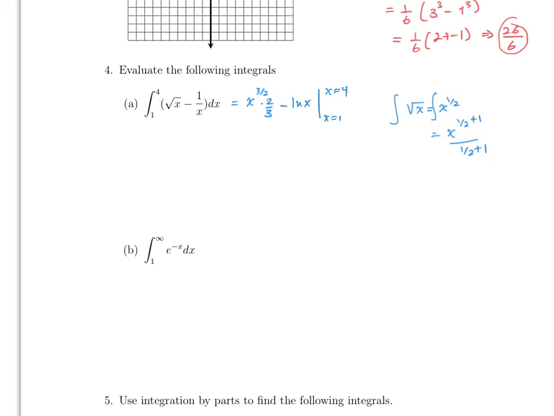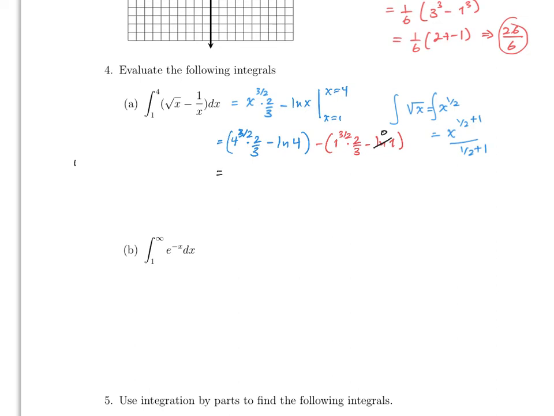So we plug in the limits of integration. This will be 4 to the 3 halves times 2 thirds minus ln of 4, and then minus the lower limit, which will be 1 to the 3 halves times 2 thirds minus ln of 1. Remember that ln of 1 is 0, and 1 to any power is just 1.